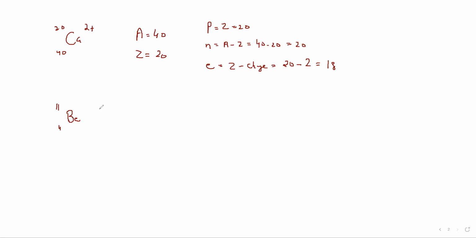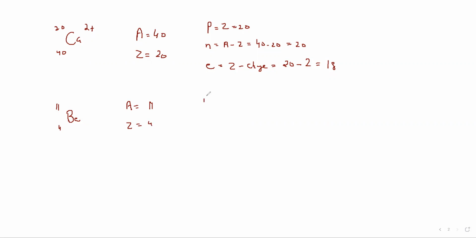So beryllium is there, which is 4 and 11. So what is A here? A is either greater than or equal to the atomic number. So A is equal to 11 and Z is equal to 4.